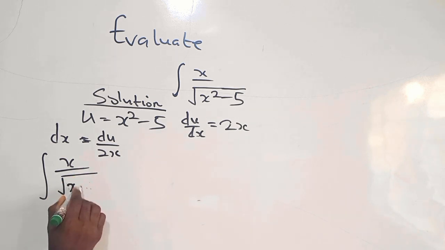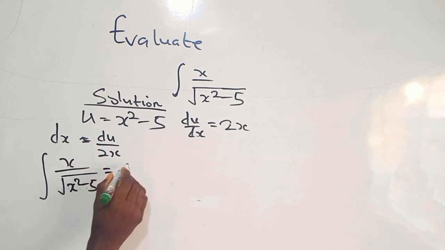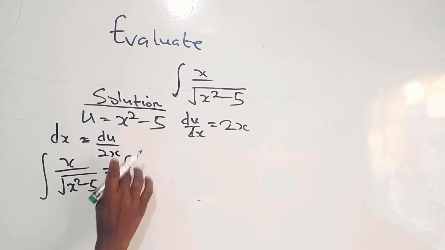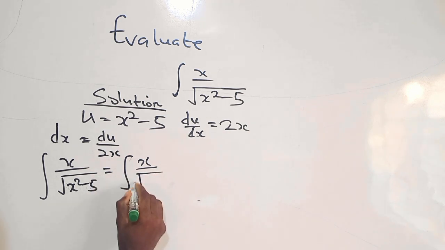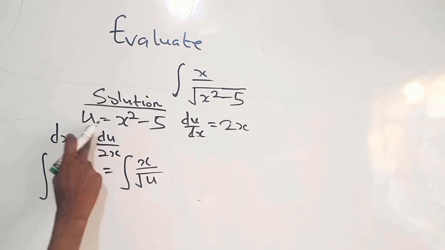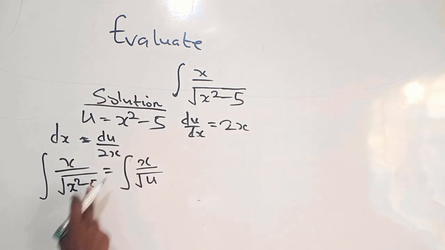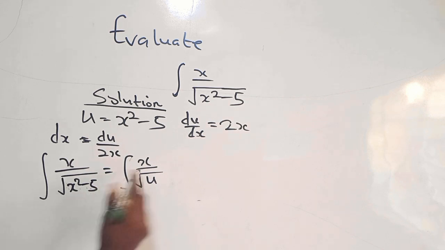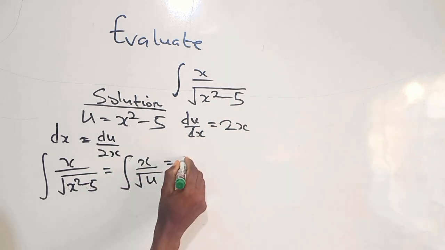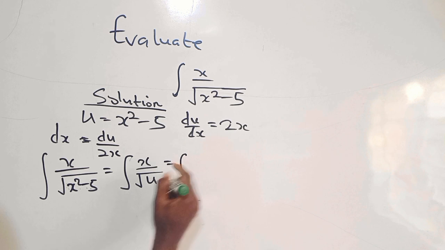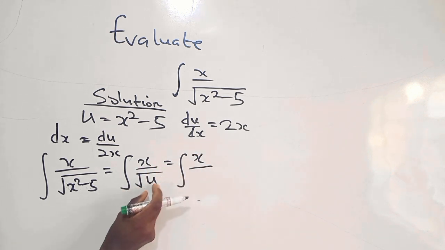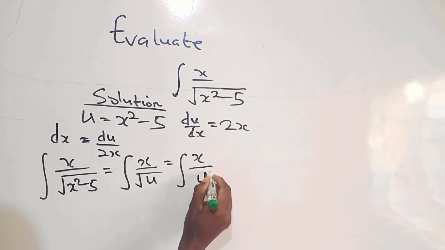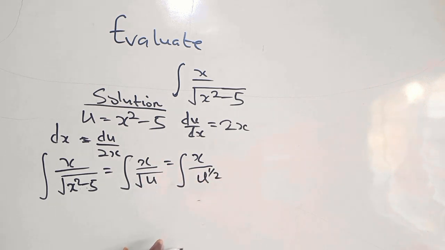So coming back here, the integral of x over square root of x squared minus 5 equals the integral of x over square root of u, since my u is stated as x squared minus 5, so I replace it. For this root u, I can write it as u raised to power half, which is the same thing.